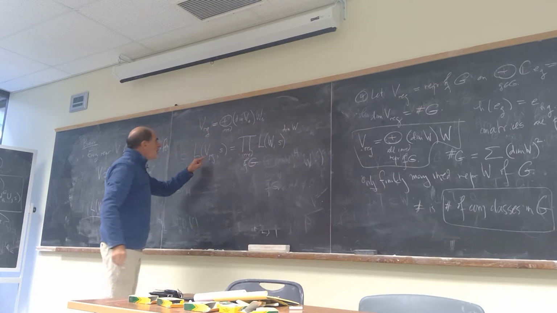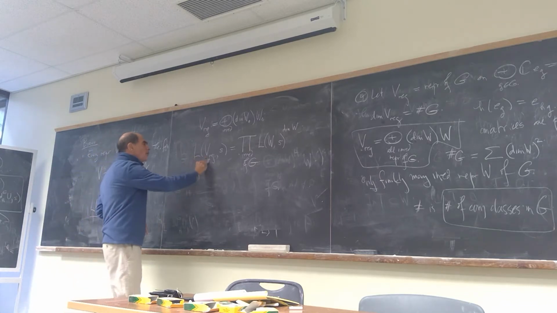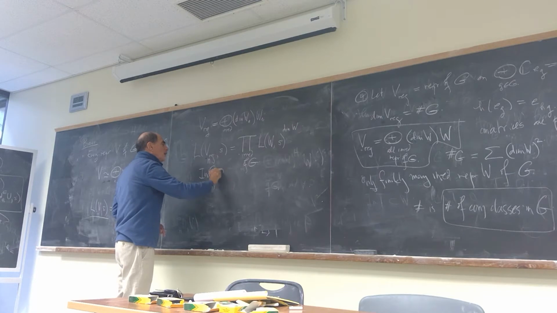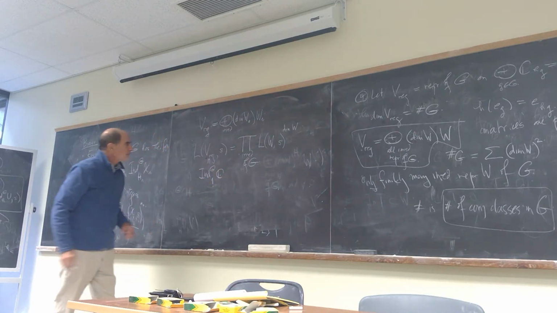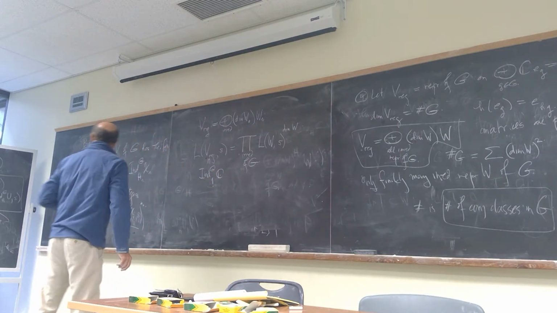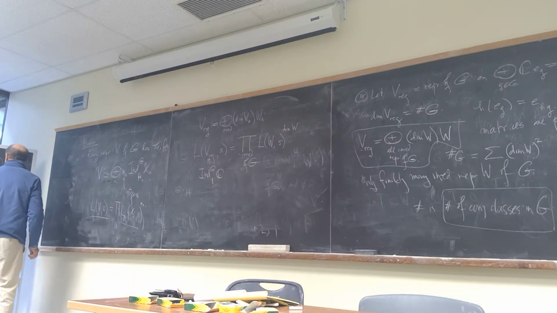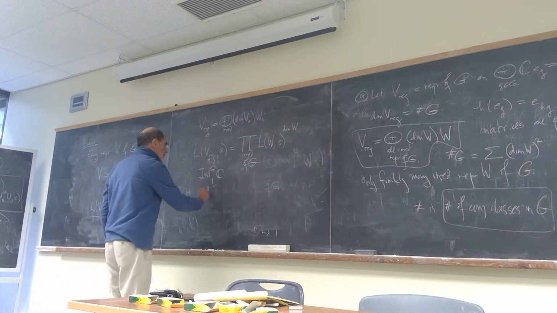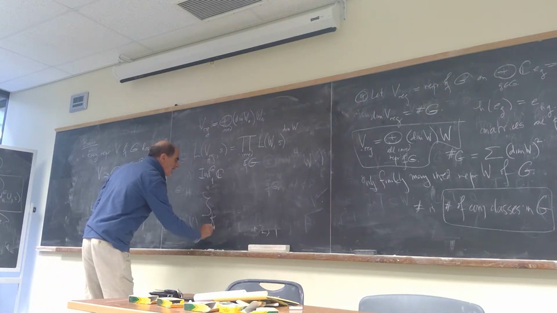But on the other hand, what is this? This is the induced representation from the trivial group to G of the trivial representation. So that's the same by this thing as the trivial group, the fixed field is K. So this is just equal to the zeta function of K, s.